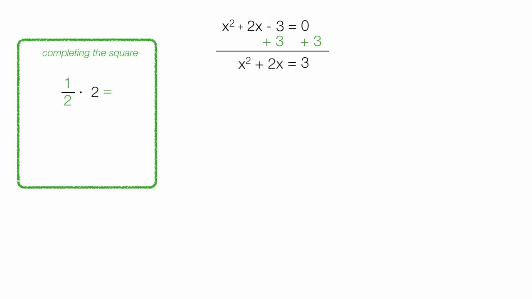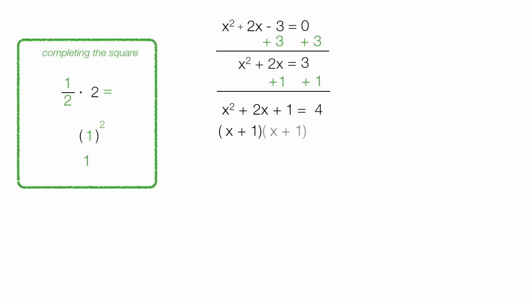This is equal to 1. And I square this 1, or 1 squared. And that, of course, is 1. Now I add 1 to both sides of the equation. I end up with x squared plus 2x plus 1 is equal to 4.